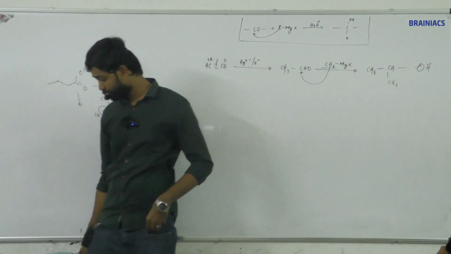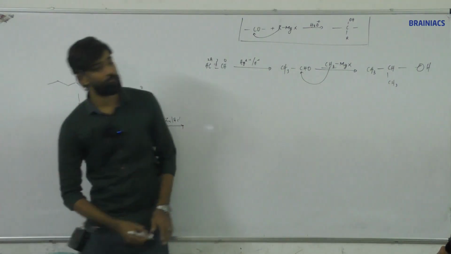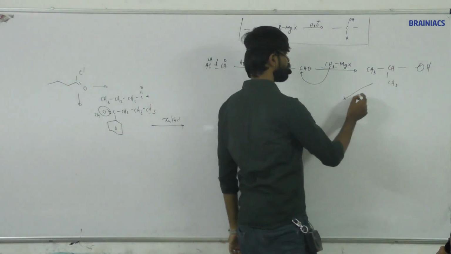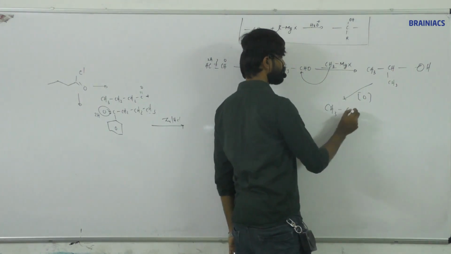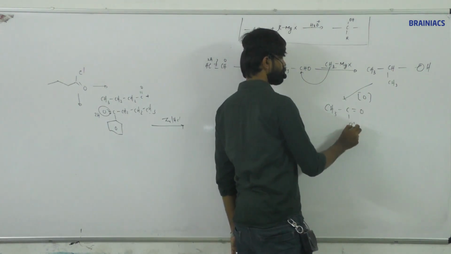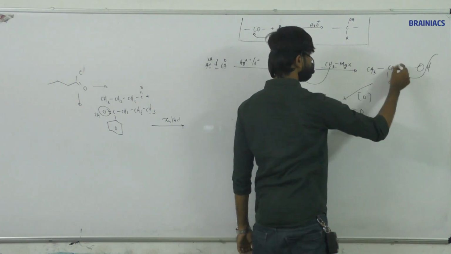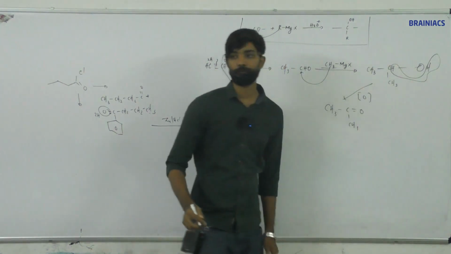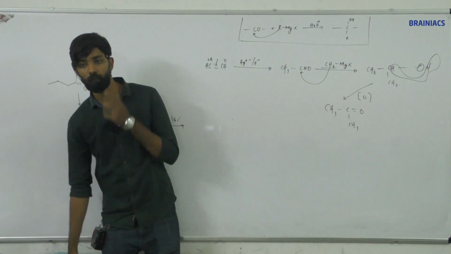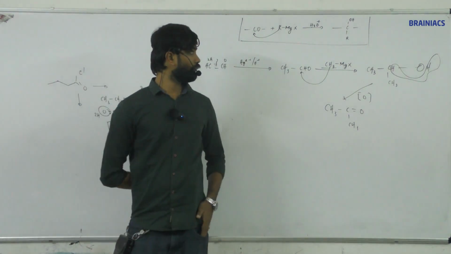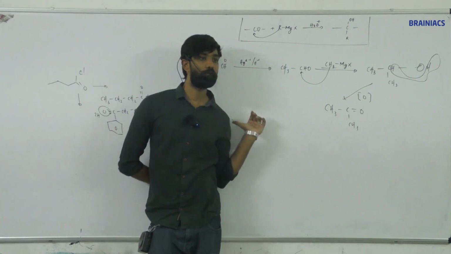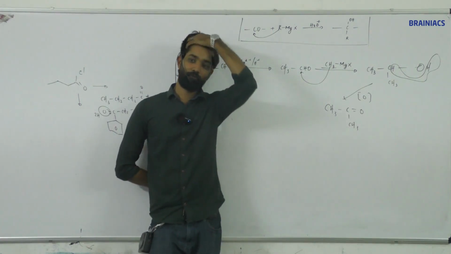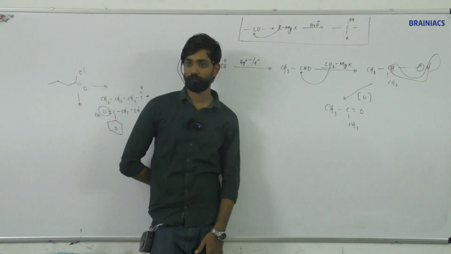What about the next? Oxidation. You know that a secondary alcohol on oxidation forms ketone. So CH3, C double bond O, CH3. Oxidation means removal of hydrogen. Once you know the whole reaction from all chapters, then only you can do this.